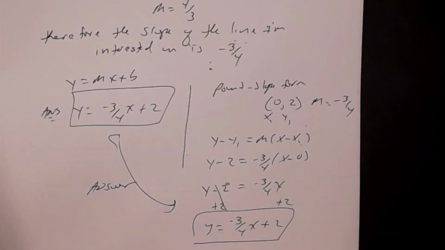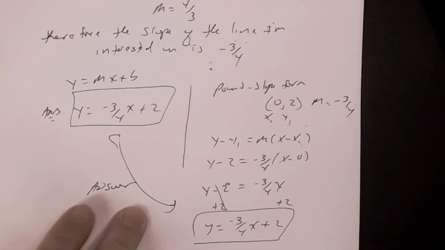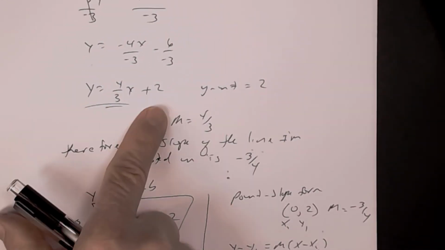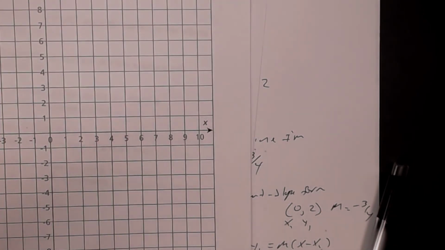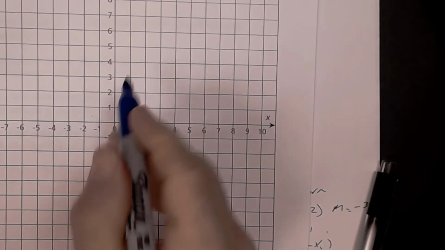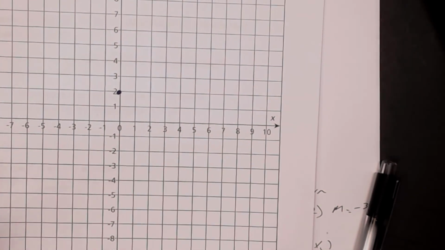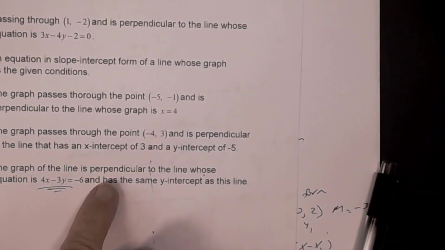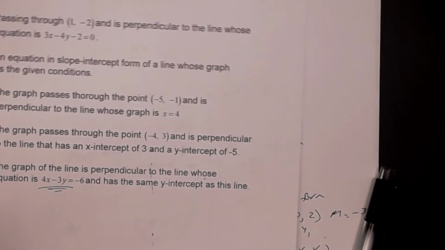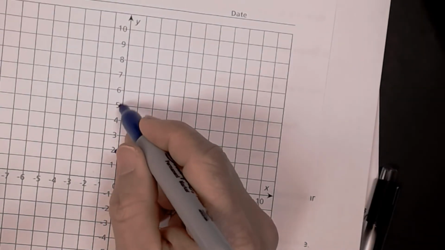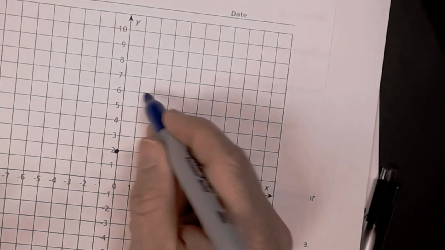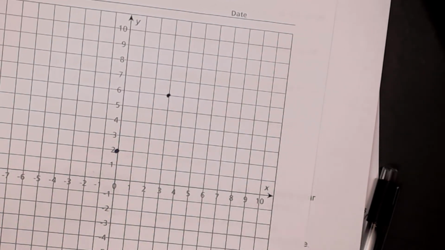To graph that line, we're going to use the y-intercept and the slope. The y-intercept is 2. And the slope, remember, is 4/3. So I'm going to go up 4: 1, 2, 3, 4. And then to the right 3: 1, 2, 3. And I'm going to draw my line.